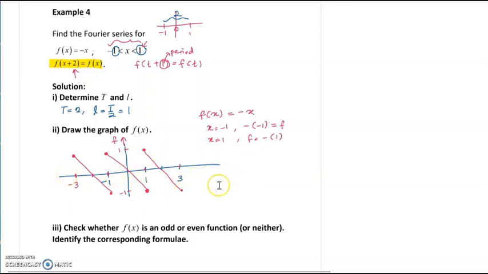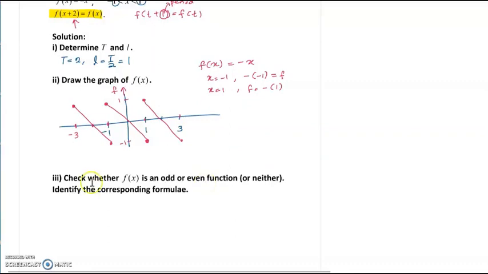All right, so now based on the graph here, we can check whether f(x) is an even or odd function or neither. Look at the symmetrical property of this graph. Check whether it is symmetric about the y-axis or symmetric about the origin.